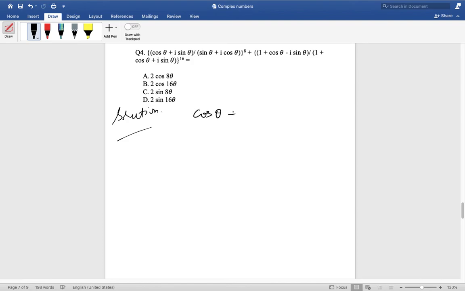If you know the formulas of trigonometry, this problem will be easy. If you do not know the formulas of trigonometry, this problem is not easy, because this problem is more about trigonometry than it is about complex numbers.